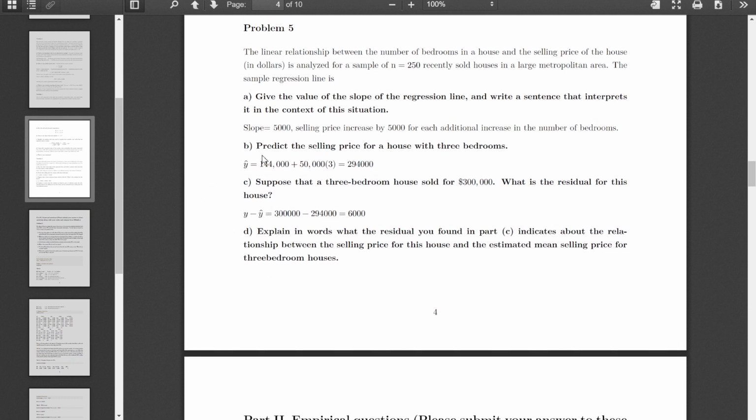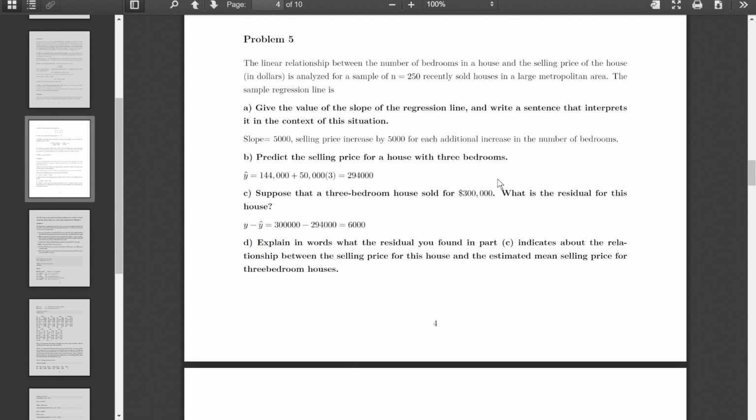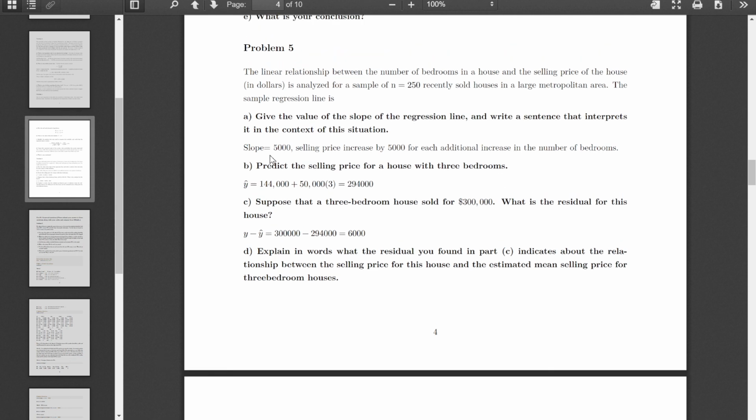So the predicted value of y you can get from a regression line, right? The slope here, I think, is 5,000. Okay, you can check.